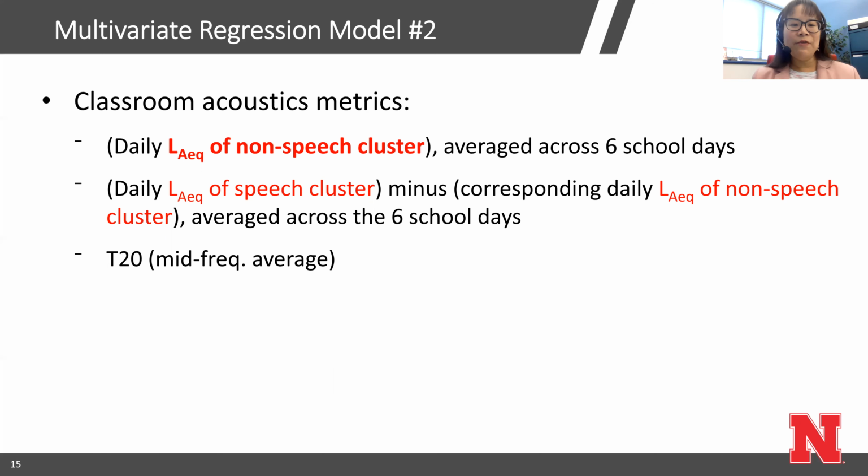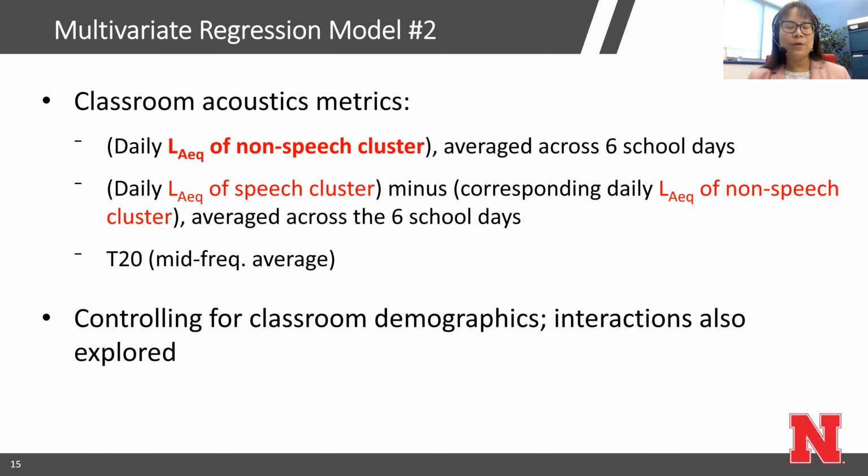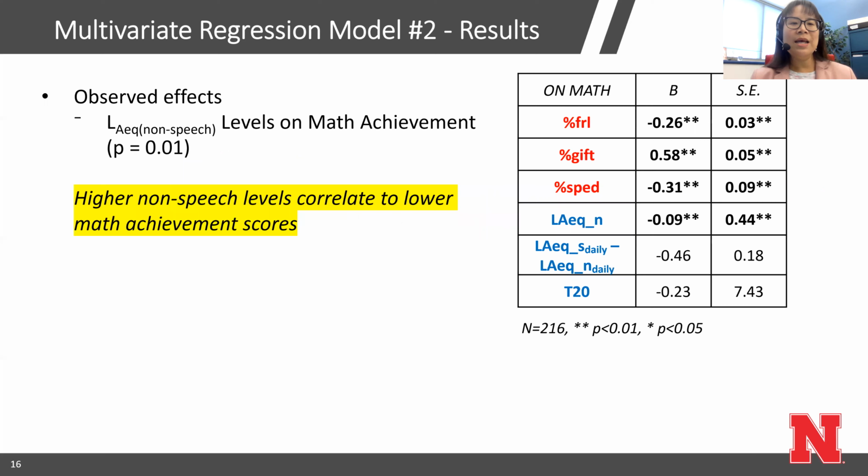Still using T20 mid-frequency average, and we're still controlling for classroom demographics and looking at interactions. And the results are similar to what we saw with model number 1. The effects on math achievement, as we'd expect, show very statistically significant effects of all of our demographic variables at a level of P less than 0.01.